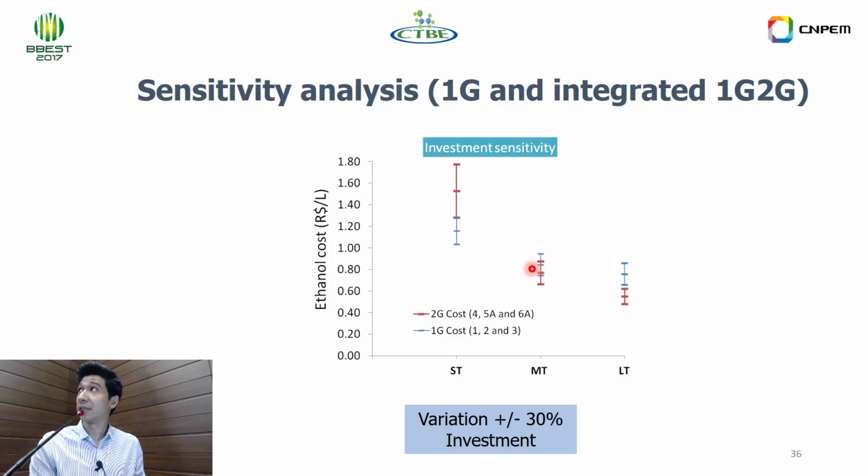On the other hand, as we advance in time, this uncertainty decreases because investment is not as important as it was in the beginning. And then we can say that second generation is finally competitive with first generation ethanol.